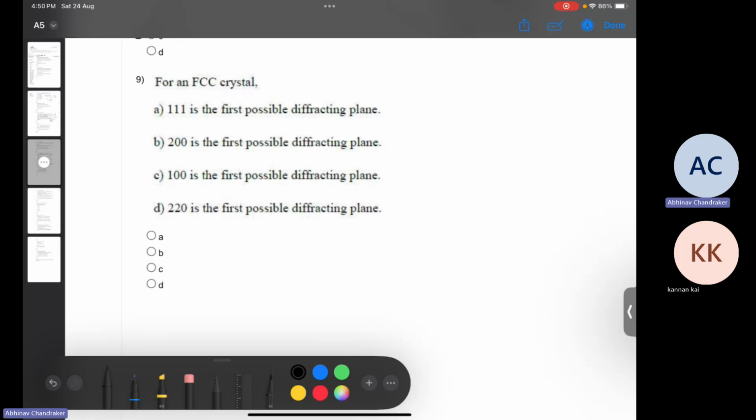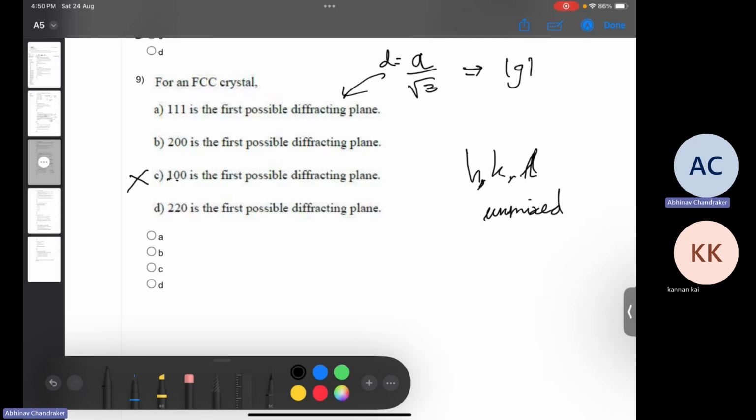For an FCC crystal, which is the first possible diffracting plane? We know that from the structure factor calculation, only those HKL planes which are unmixed will cause diffraction. 100 is mixed, both odd and even numbers are there. 200 is unmixed, 111 is also unmixed, but this will be the first plane because it has the highest d spacing, a by root 3, and correspondingly the magnitude of the g vector is the smallest, equal to root 3 by a.